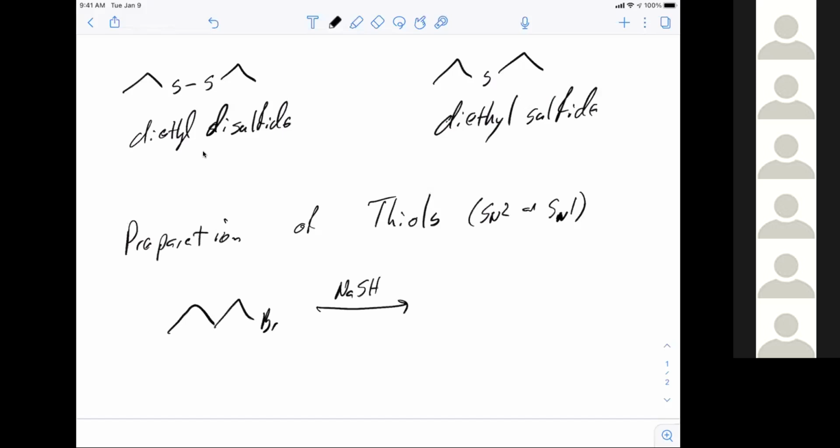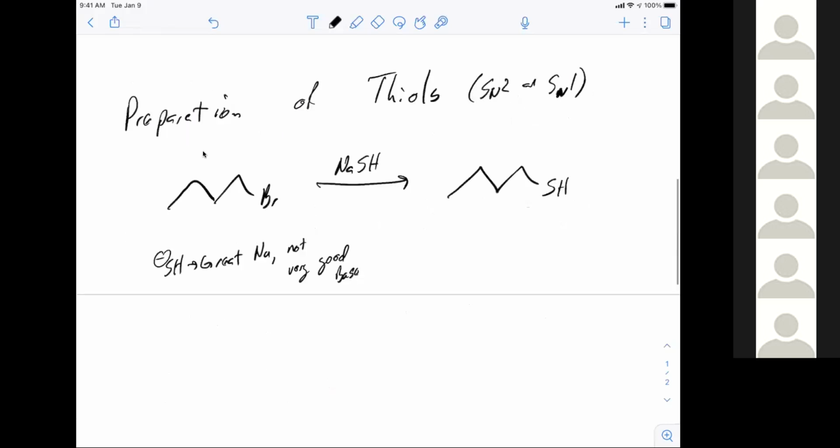The thiols are great nucleophiles, and they're not very basic. Now they'll accept a proton if you give it one, but they're not going to extract the proton. Okay, so this then gives us the sulfur, right?